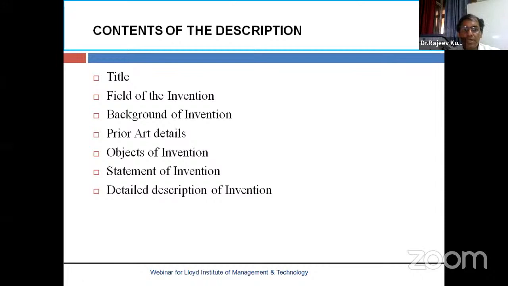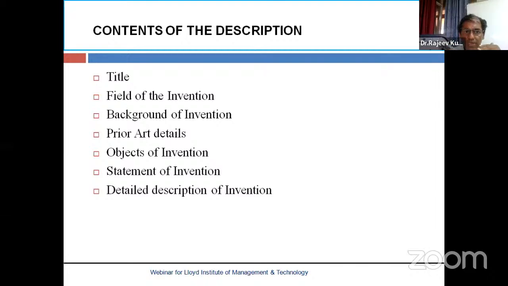So it includes the title, the field of invention, the background of invention, the prior art details, the objects of invention, statement of invention, then detailed description of invention. So these are the headings under which you structure your complete description.